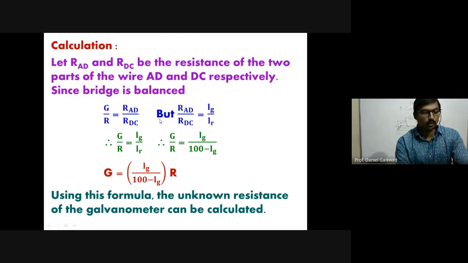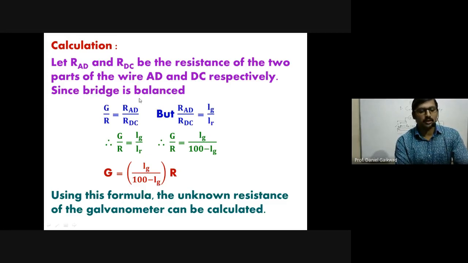Now the important part, the calculation. Let RAD be the resistance of the wire between A and D, and RDC the resistance of the two parts of the wire, AD and DC respectively. Since the bridge is balanced, when we have equal deflection in the galvanometer, or no change in deflection, the bridge is said to be balanced.